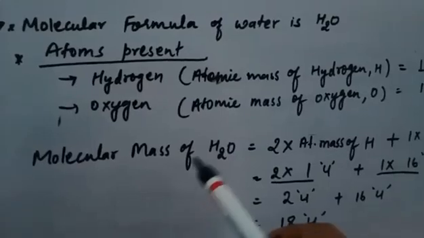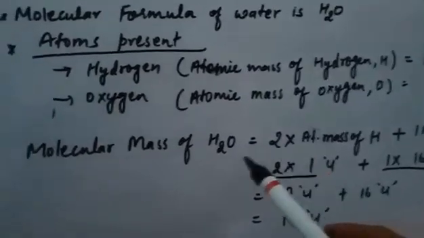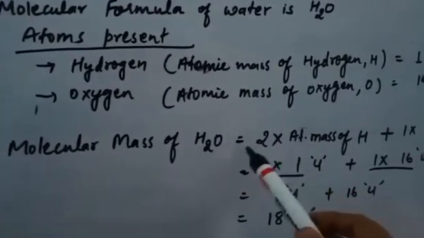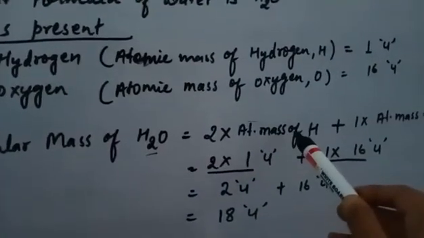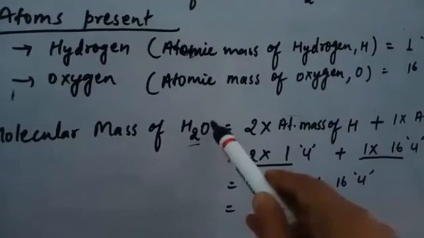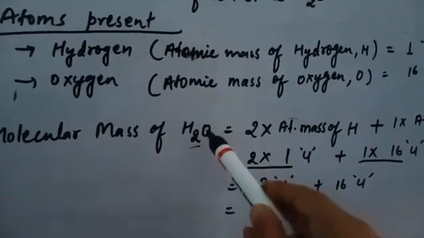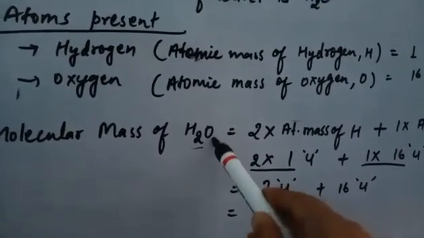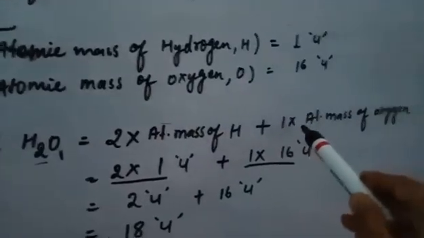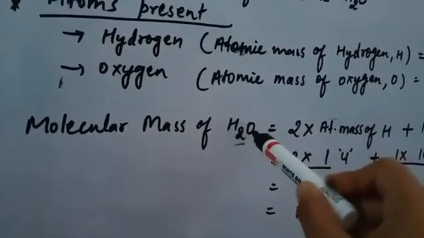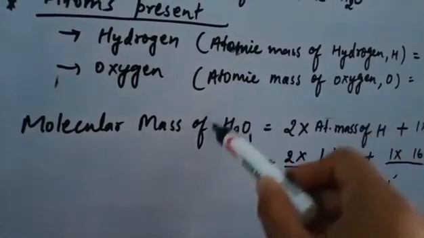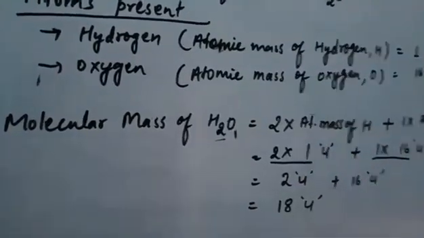So the molecular mass of water is equal to, H2O means 2 into the atomic mass of hydrogen. Oxygen, how many atoms of oxygen are present in water? 1. So you can just write 1 into the atomic mass of oxygen. You have to sum up the atomic masses of the hydrogen and oxygen which make a molecule of water.